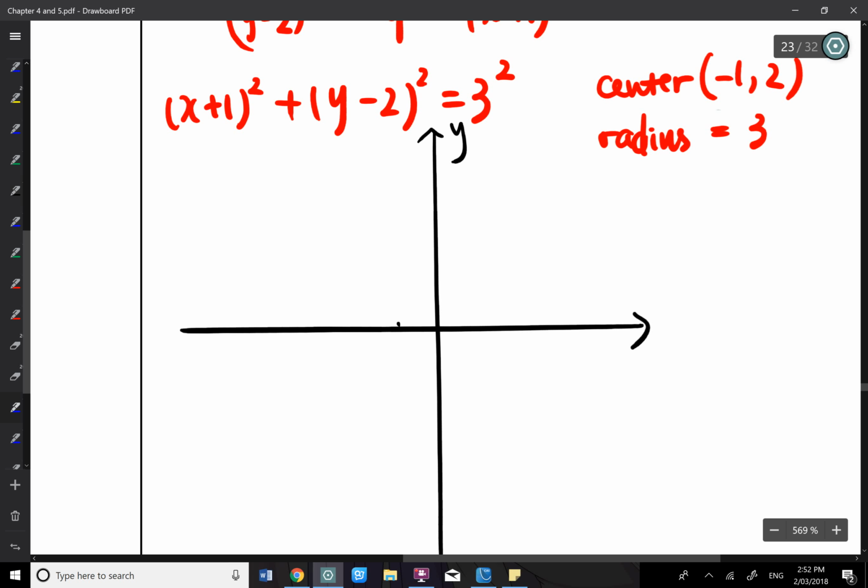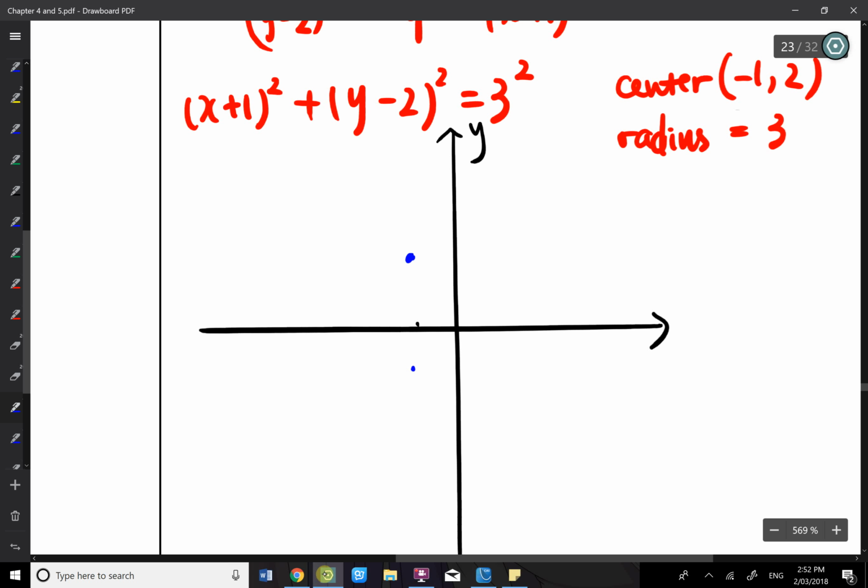Because I only have the bottom one, I have this point, I have this point, and I have this point. So the shape of my graph looks like this. That's negative 1 and 2. That's 2 and 2. That's negative 4 and 2. And that's negative 1 and negative 1.